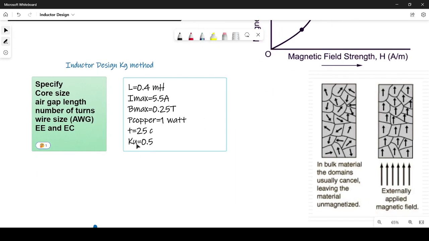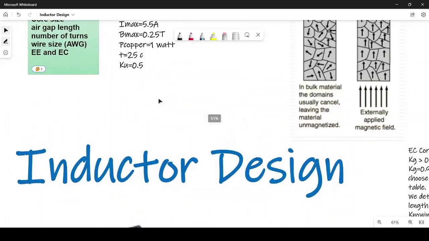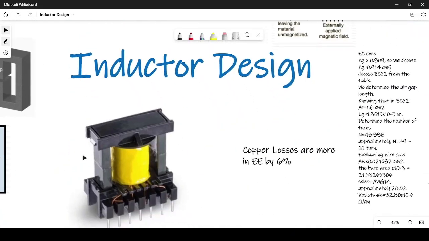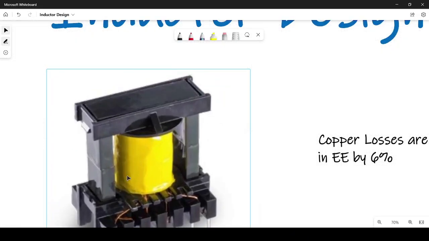Then we have KU. It's called a fill factor. Fill factor is that we have the core is something like this. When we are going around with this winding, this wire cannot fill all the gaps. As you can see, in this core, he didn't fill all of this space. You can't always have a tight hand or a tight grip around this winding to fill every single point of this space.